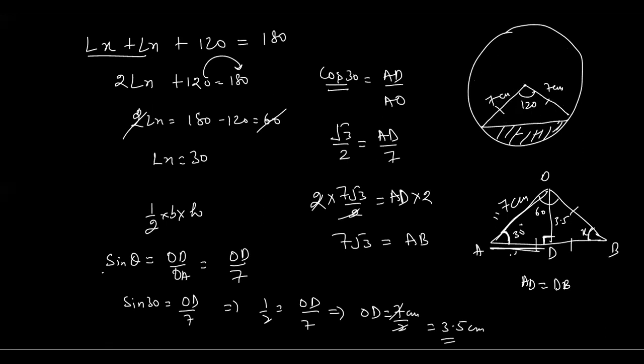If you have calculated the area of the minor segment, then what you need to do is subtract the area of the minor segment from the area of the circle, then you will get this area. This will be the area of the major segment. Got my point?